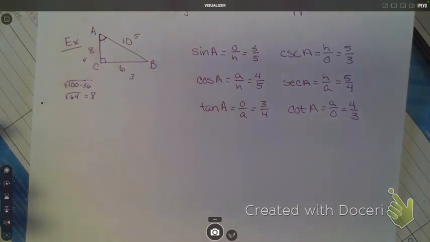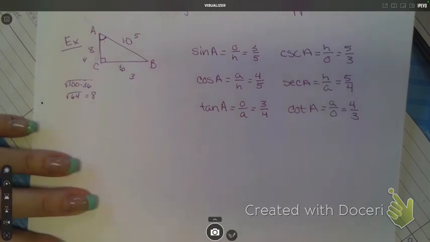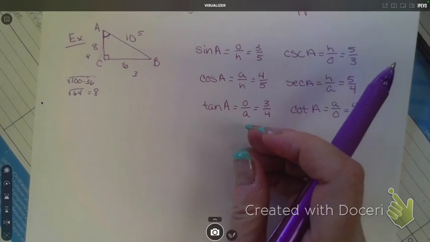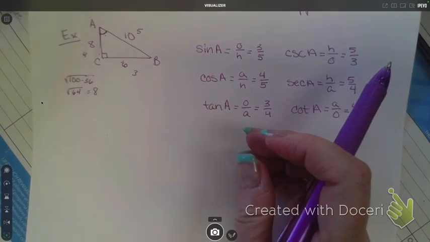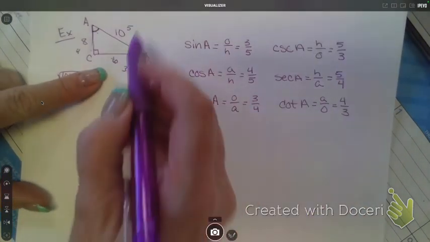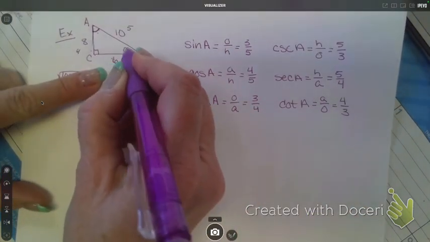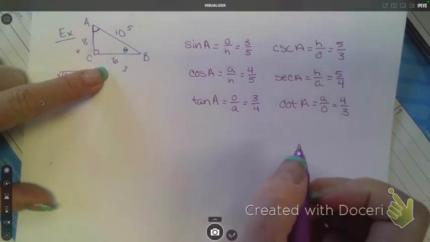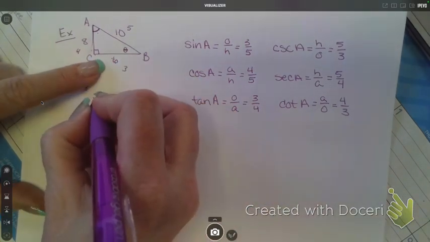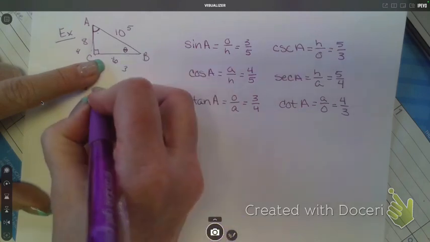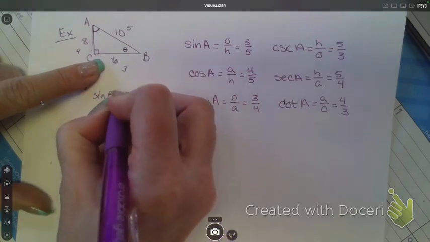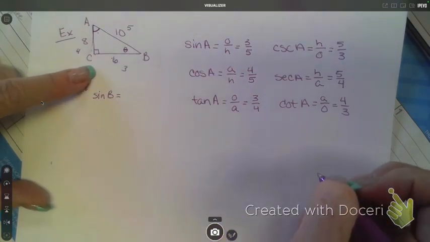Yeah. Okay. I don't think we need another example. Well, the only thing I would want to ask, what if I ask you about theta? We're going to put theta here. What's the sine? Or I'll just put B. What is the sine of B? 8 over 10.